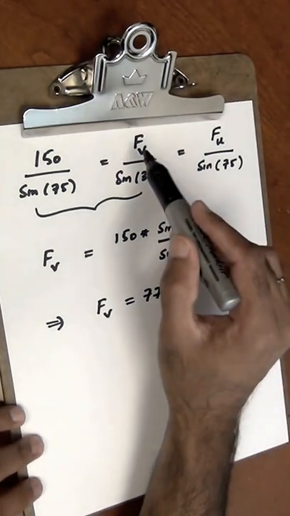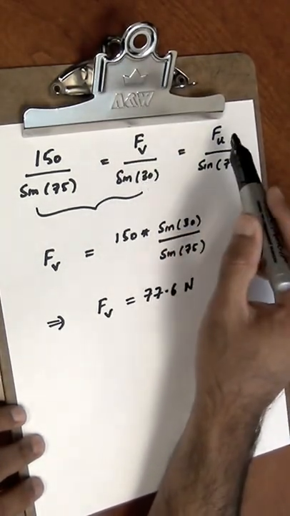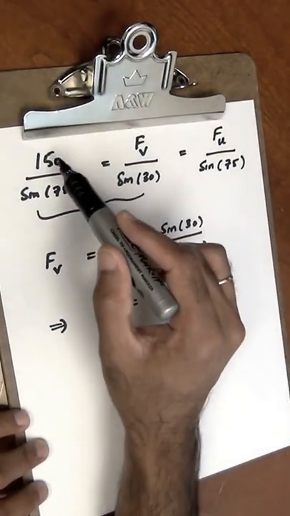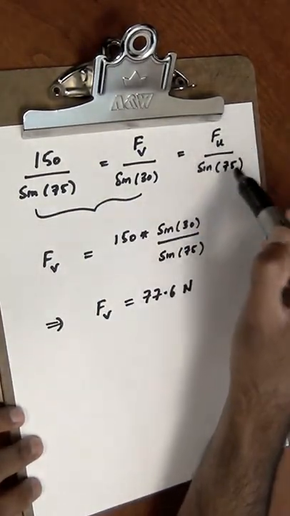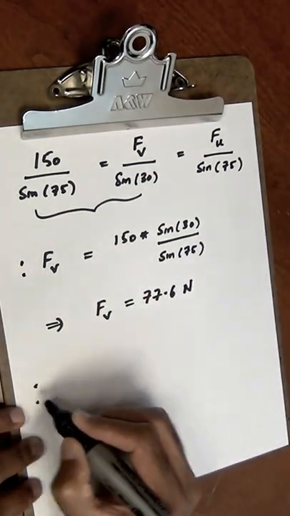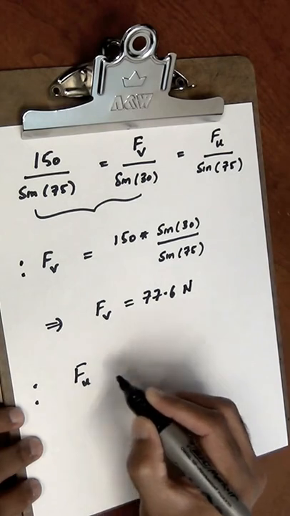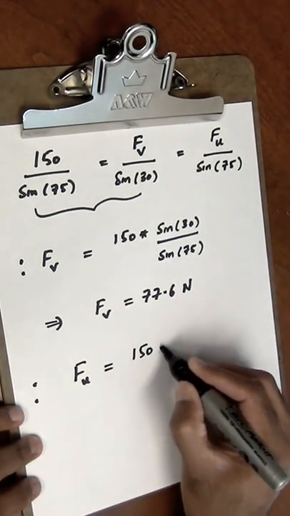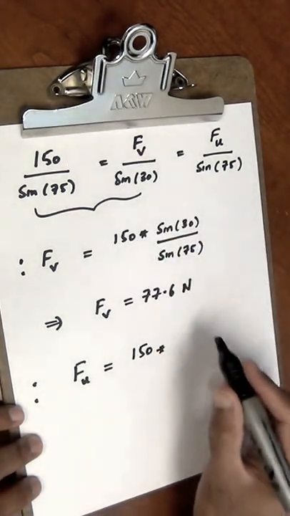Then I could either use this ratio, F v by sine 30 is equal to F u by sine 75, or I can use the fact that this has to be the same as that as well, and then I can find out F suffix u as follows. So this is essentially 150. I make use of the force value that is given to me, cross multiply.